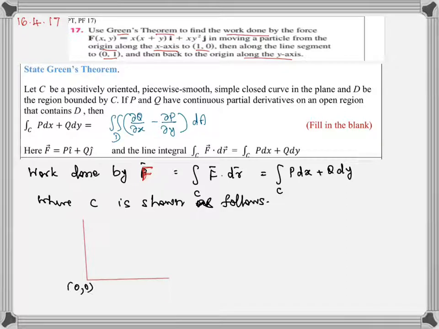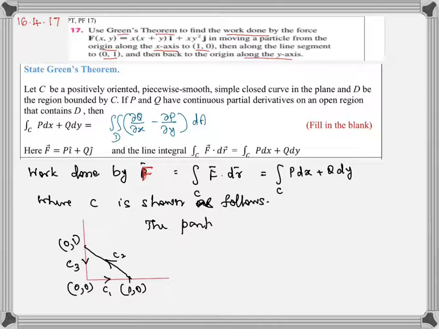So the force field moves the particle from the origin to (1, 0) and then to (0, 1). So we mark the directed line segments as C1, C2, C3 as shown here.